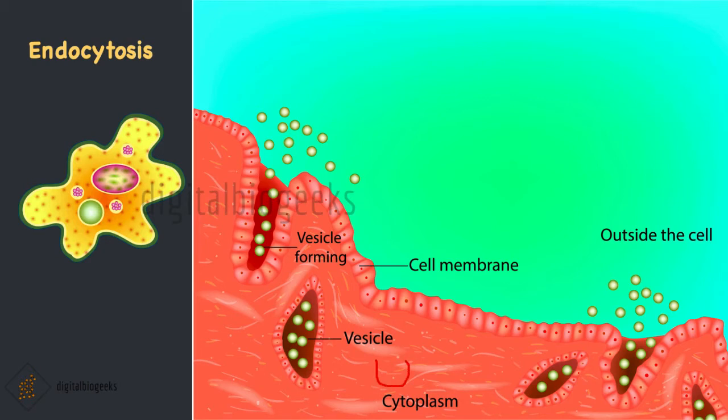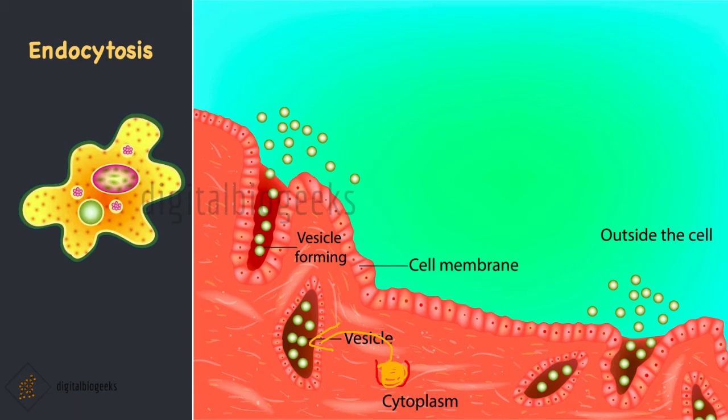This is lysosome and lysosome has digestive enzymes inside it. These digestive enzymes digest the food inside the vesicles. This is how amoeba eats with the help of endocytosis. Thus, we saw plasma membrane is a semi-permeable membrane that allows some materials to pass through and blocks others.